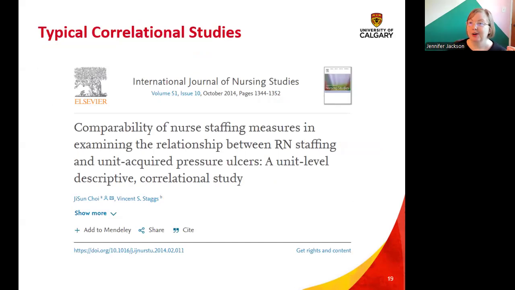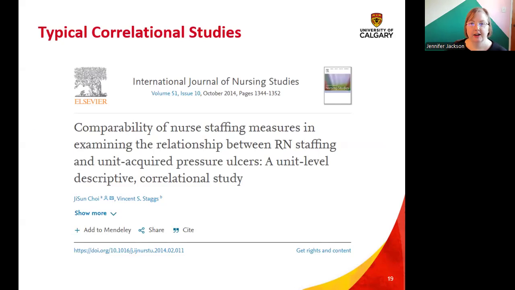Well, we can probably make an inference that staffing levels relate to the kind of nursing care that's given, but that's not necessarily the case. Pressure ulcers are complex and there's other things going on. So it might not be as straightforward. So we can say we don't know the directionality of the relationship, so we're doing a correlational study.